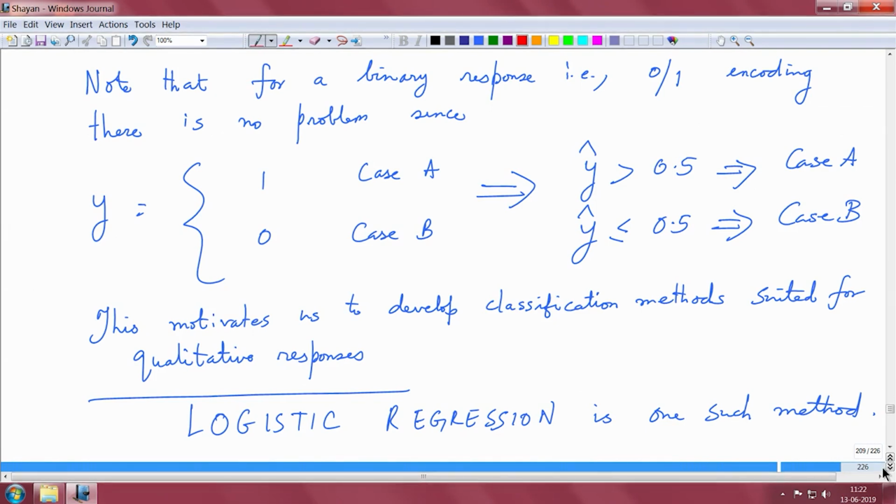One such method is logistic regression. This motivates us towards this regression technique itself.